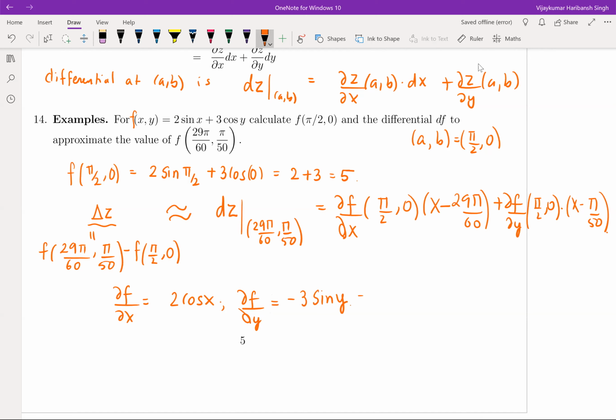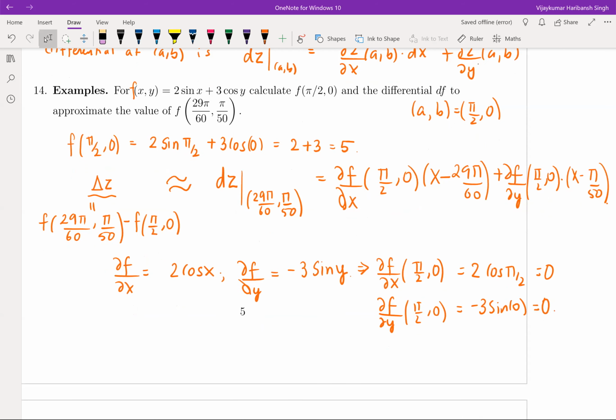So this implies the partial with respect to x at (pi/2, 0) is 2 cos of pi/2, which is 0. Similarly, the partial with respect to y at (pi/2, 0) is minus 3 sine 0, which is 0.